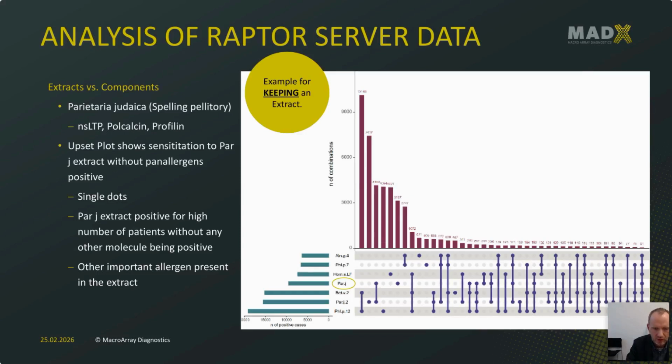So if you're looking at the polcalcins and the profilins, what this suggests is that the allergen extract contains additional molecular allergens that have not yet been characterized. And if we excluded the extract, we'd be missing those sensitizations, which was the reason why we decided to keep the Par j extract on the chip.